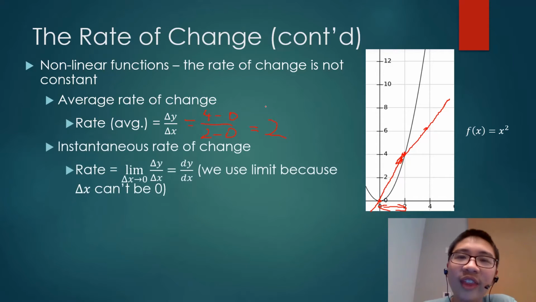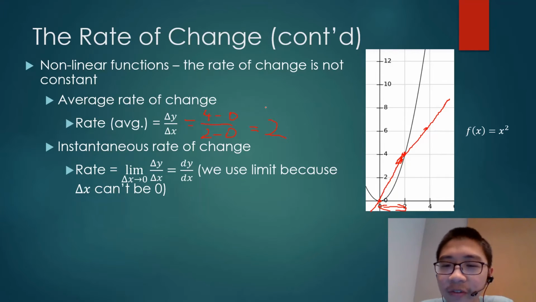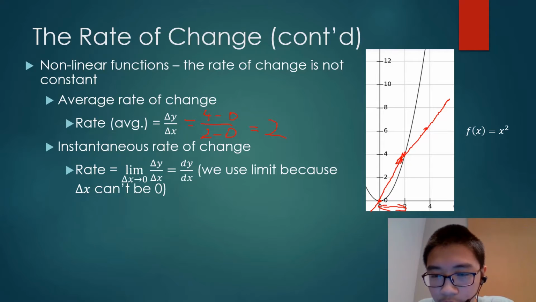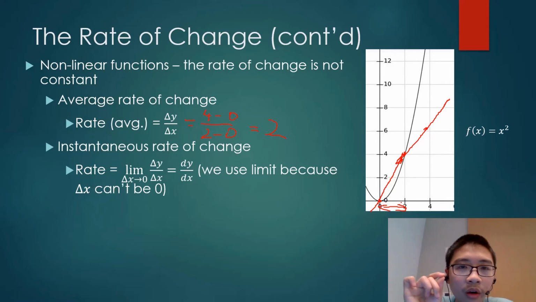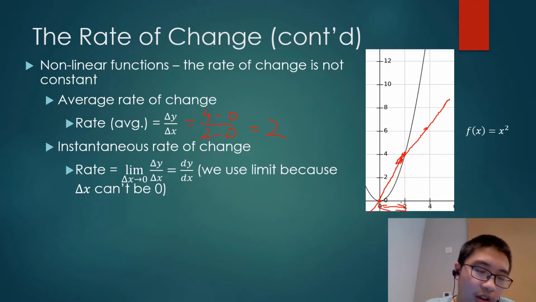If you want to know the instantaneous rate of change, which is the rate of change at a specific point, what we do is easy. We make the interval between these 2 points of the secant line smaller and smaller until it almost reaches 0, but not equal to 0. That's why we use a limit right here.